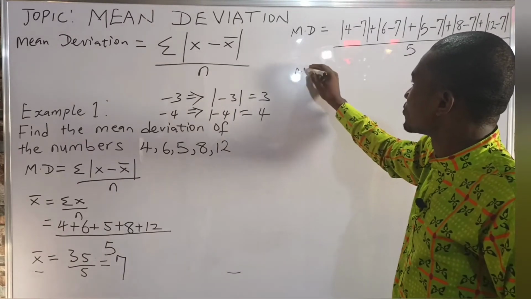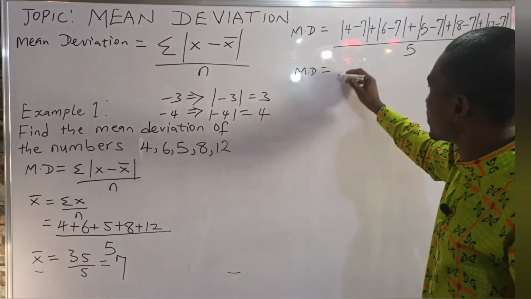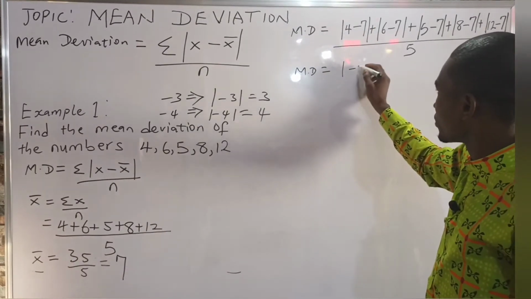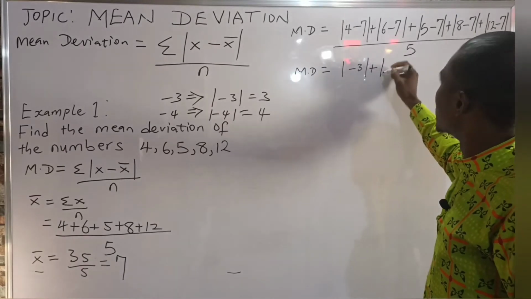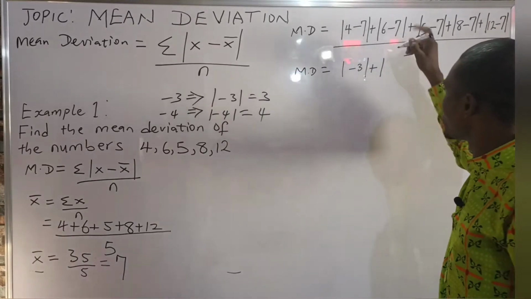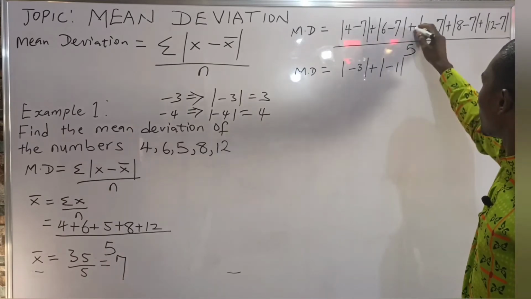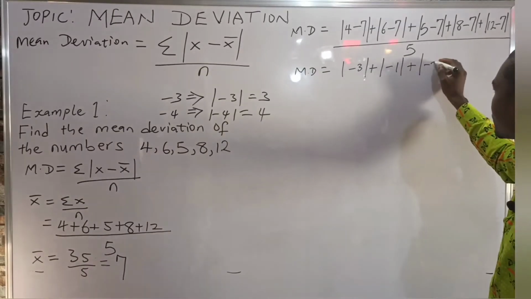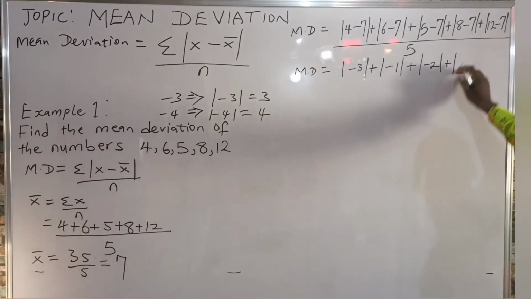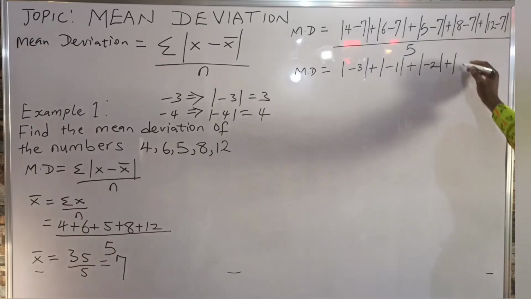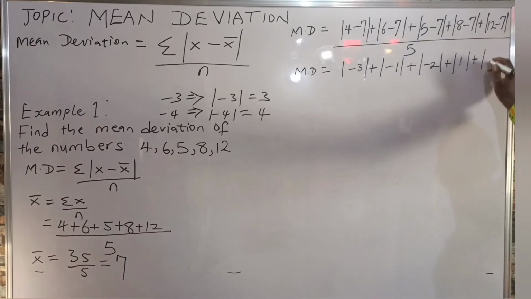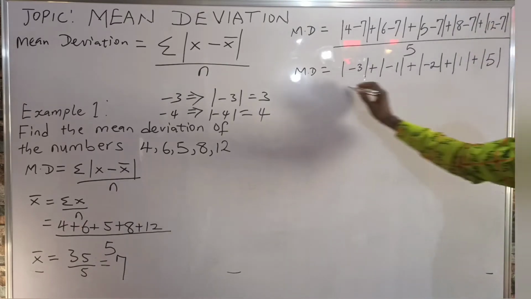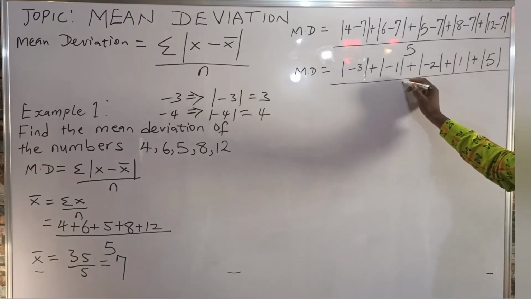So our mean deviation is now equal to the absolute value of 4 minus 7, which gives us minus 3, plus the absolute value of 6 minus 7, which gives us minus 1, then plus the absolute value of 5 minus 7, which gives us minus 2, plus the absolute value of 8 minus 7, which just gives us 1, plus the absolute value of 12 minus 7, which gives us 5. And that is all over 5.